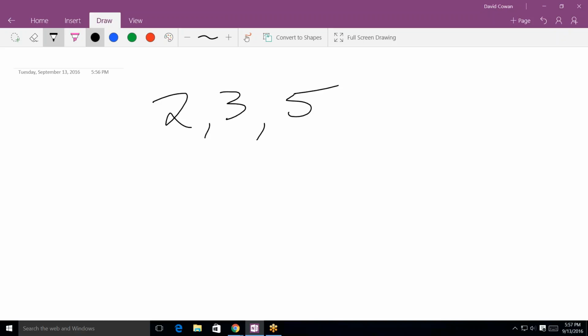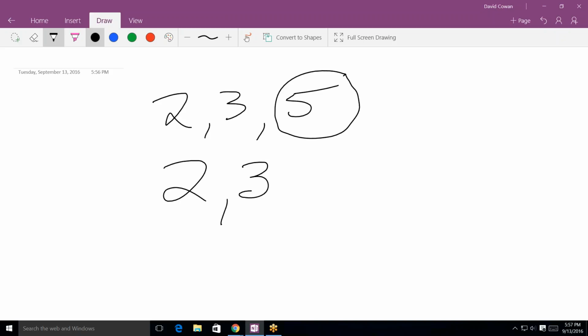You cannot. 5 has to be less than the sum of 2 plus 3, and it isn't. It's equal to it. However, you could make a triangle with these three sides. So that theorem applies to every single side of the triangle.